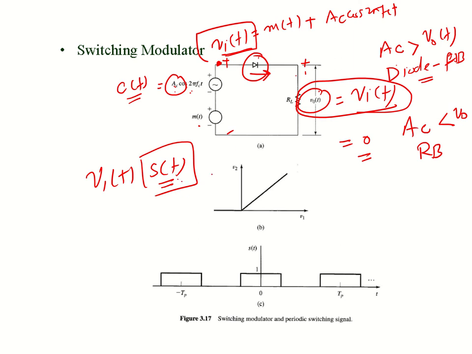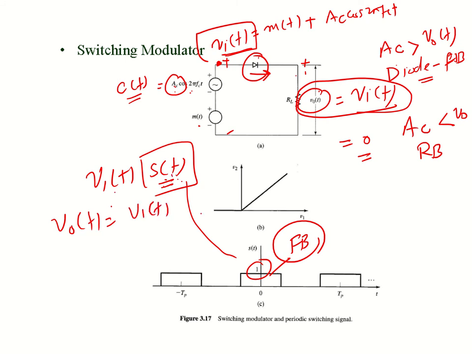This switching signal will have an amplitude of 1 for the forward bias duration, so my output will be this input signal when it's forward biased. When it's reverse biased, my output becomes 0, so this signal will be 0 for that duration.